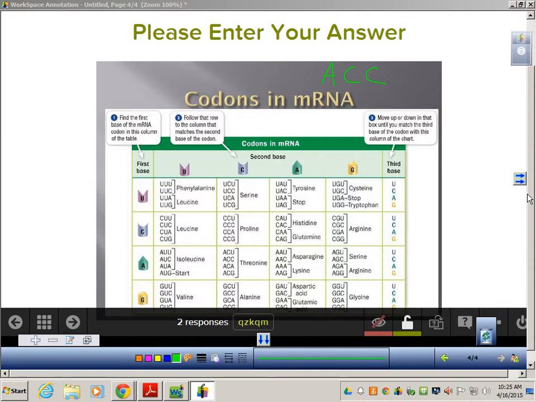Type in the amino acid that it codes for. Please decode ACC.